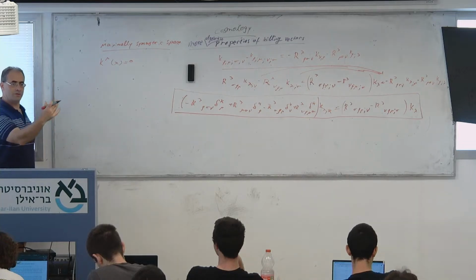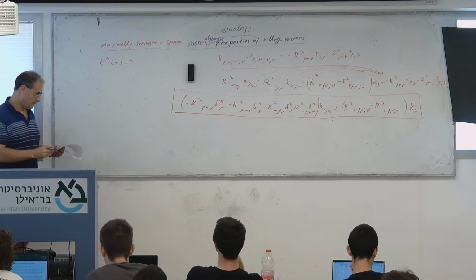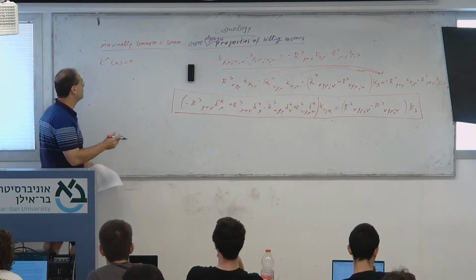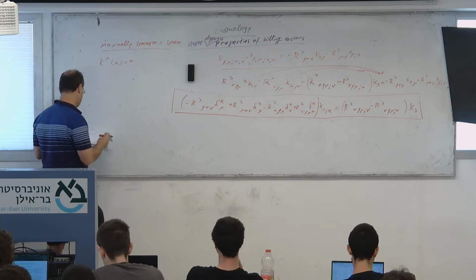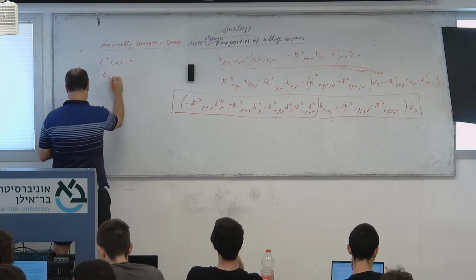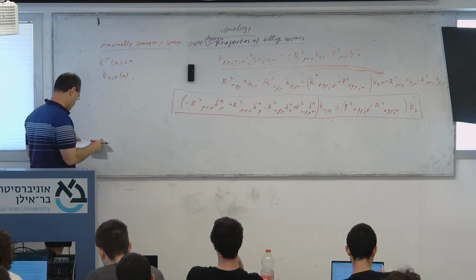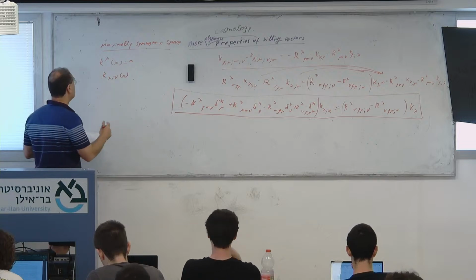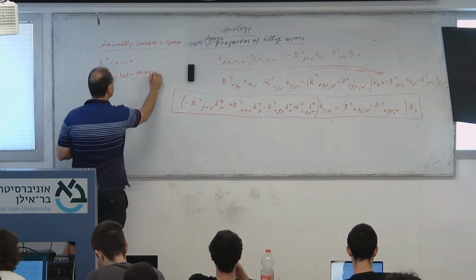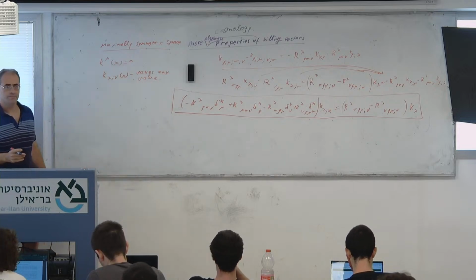And when I do a rotation, the first derivative can take any value. So that means that k lambda nu at the point x can essentially take any value, subject to the killing condition, of course.